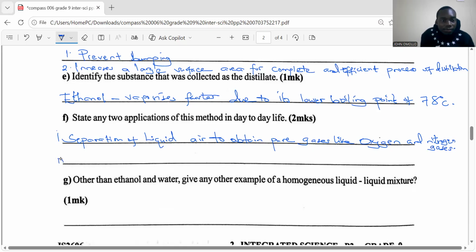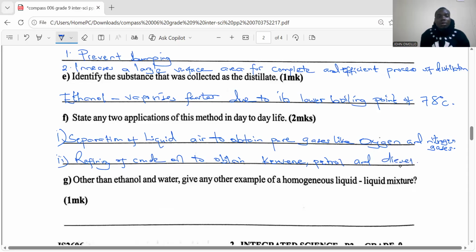Number two, refining of crude oil to obtain kerosene, petrol, and diesel.